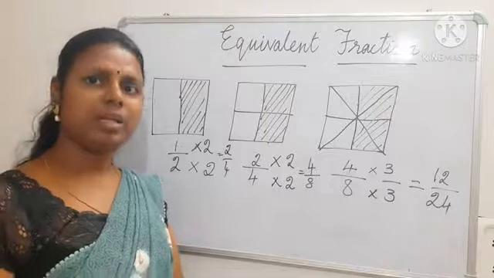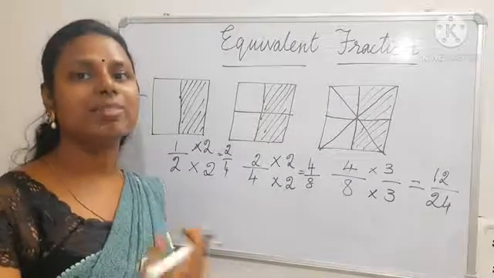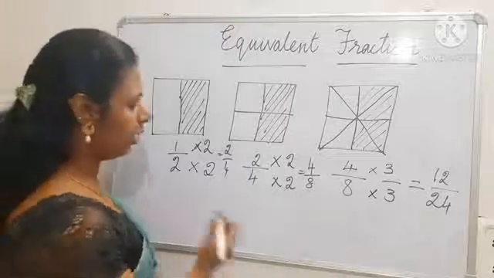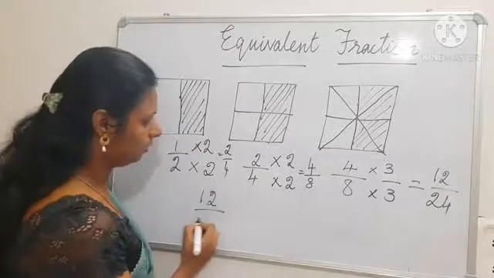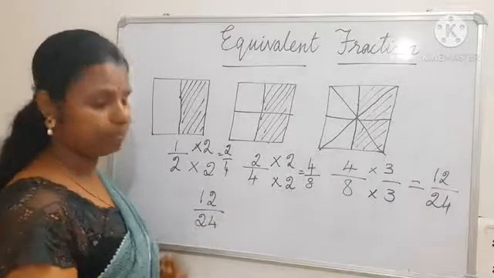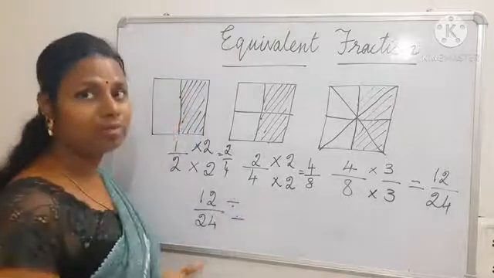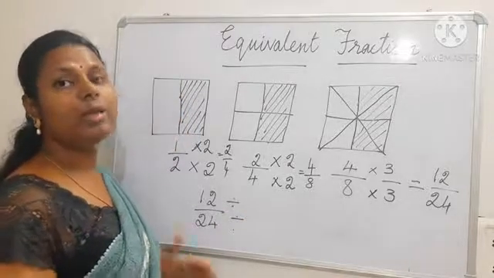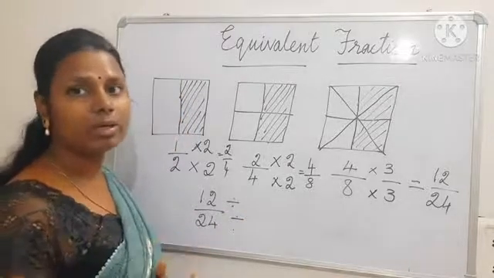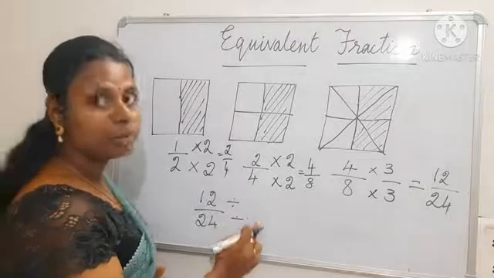Okay, another thing, as well as you multiply, you can even divide. If you take 12 by 24, if you divide by 2, you know, when you divide or when you multiply, if you want to find out equivalent fractions, you have to do it in both the places.